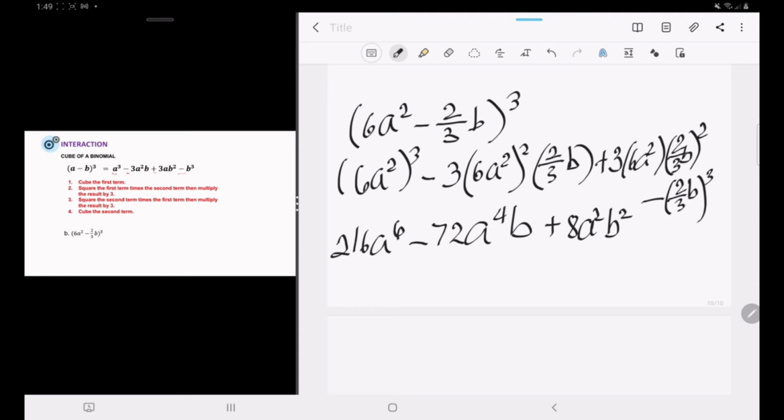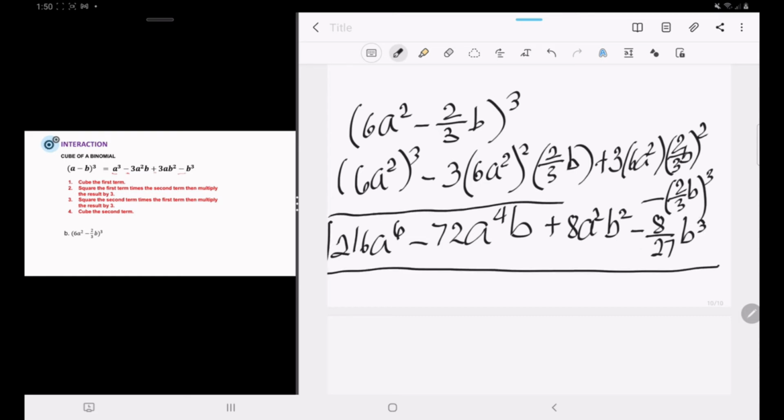And then the last term is minus 2/3b cubed, that's 8 over 27b cubed. So the product is 216a raised to 6 minus 72a raised to 4b plus 8a squared b squared minus 8 over 27b cubed.